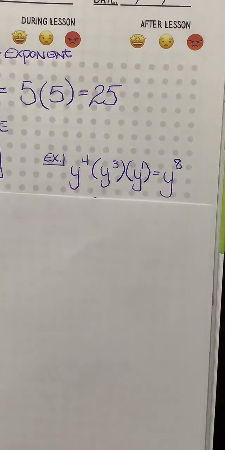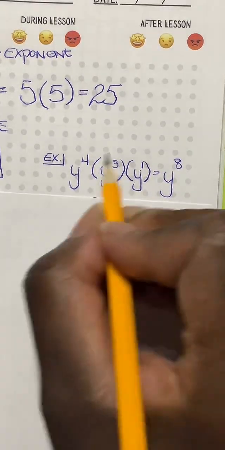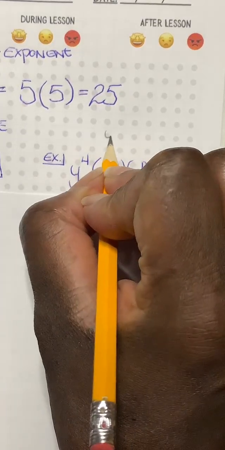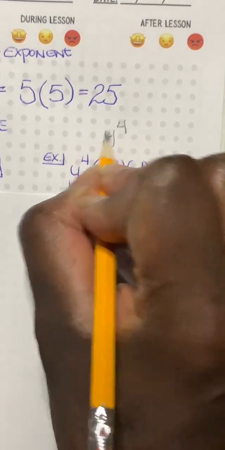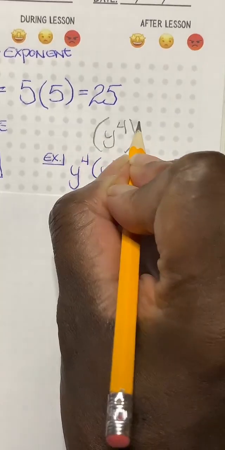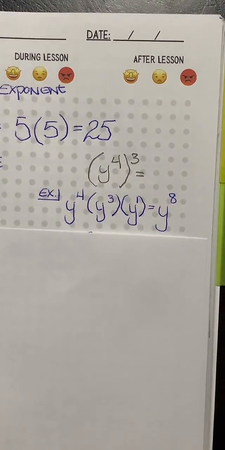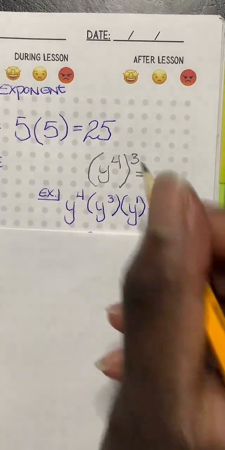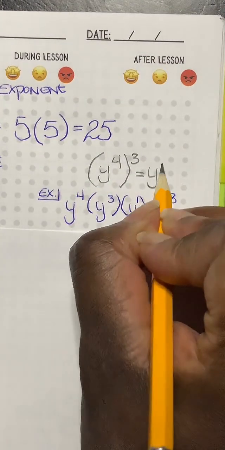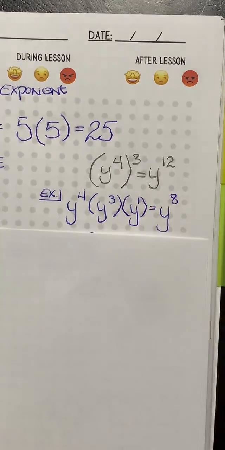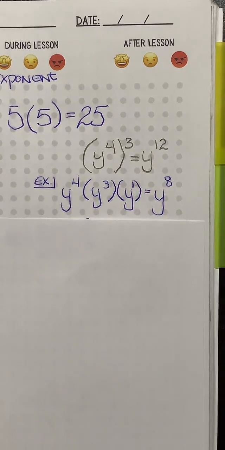Now, if it was written like, and don't write this down, but if it was written like y to the 4th, parenthesis, raised to the 3rd, this is y to the 12th. Okay, do we see the difference?